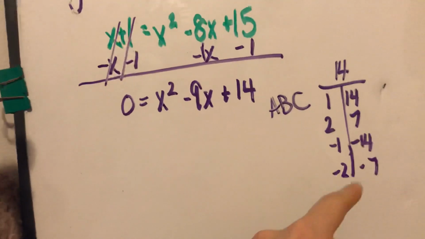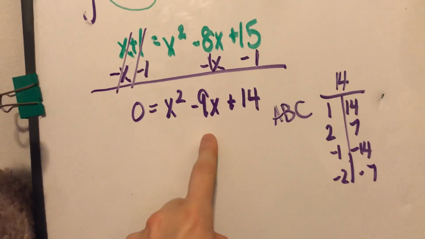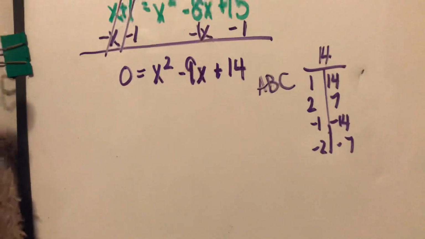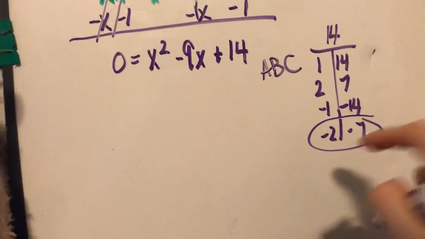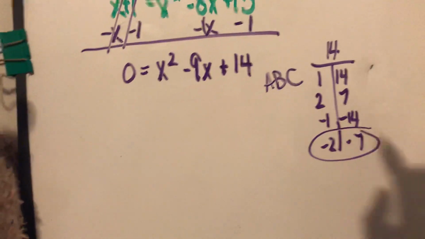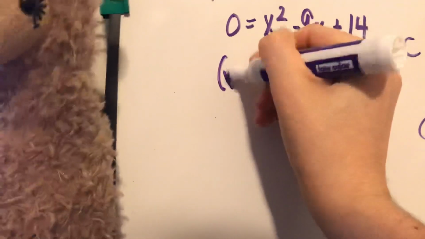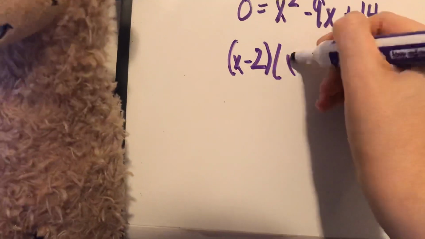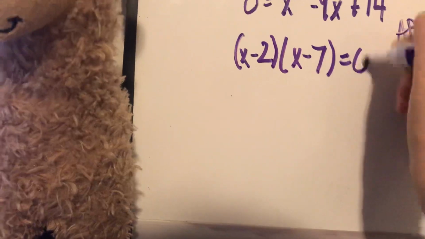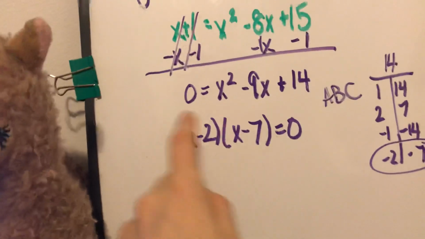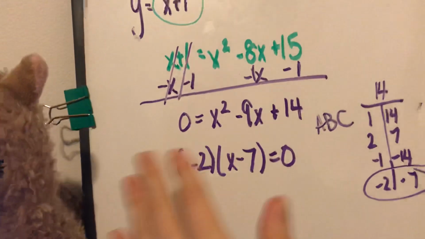Which of these pairs are going to add up to negative 9? Yes, Joanne, it's definitely going to be negative 2 and negative 7. So I'm going to have x minus 2, x minus 7 equals 0. It's totally fine that I put the equals 0 on this side. It means the same exact thing.